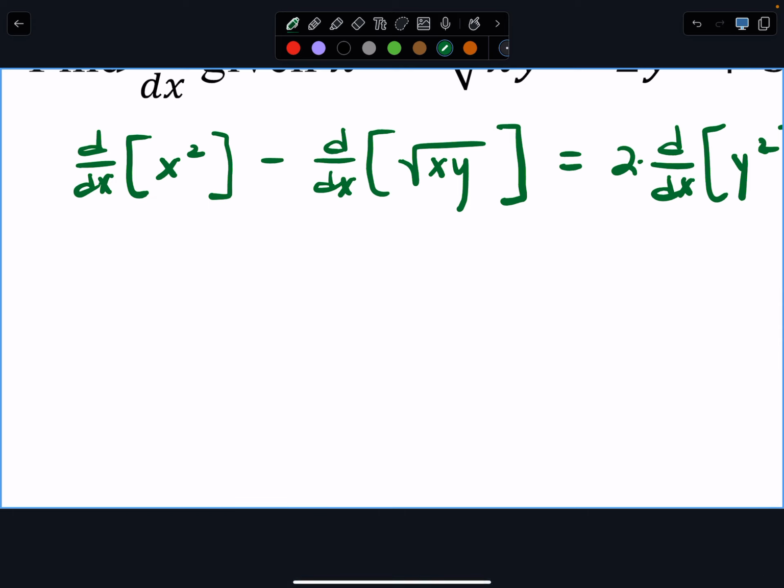Derivative of the outside, leave the inside alone. And then to find the derivative of the inside, we have to use product rule: first factor times derivative of the second factor, plus the second factor times the derivative of the first.